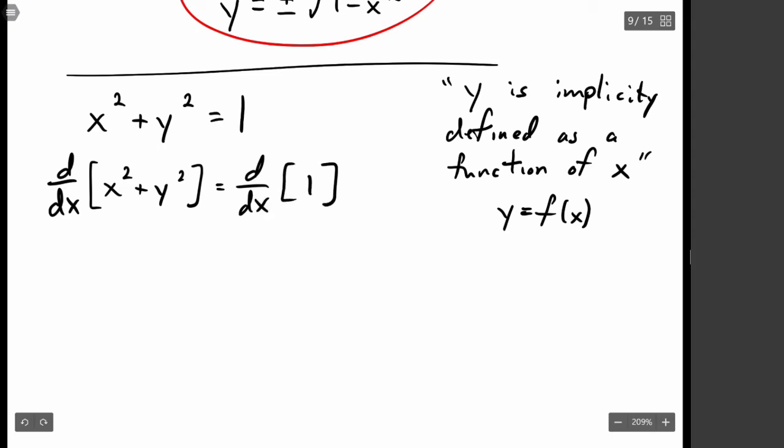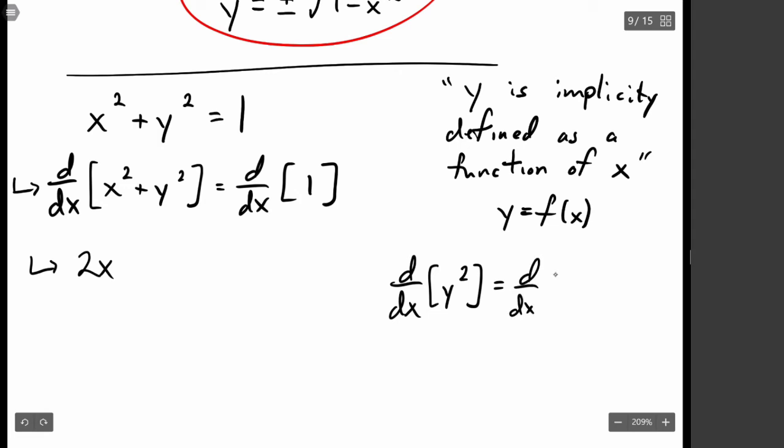All right, so let's talk about what that derivative would be. Here we differentiate x squared and we get 2x. What about the y squared? Well, again, that y squared is like f of x, so when we're computing the derivative of y squared, think of this as the derivative of f of x quantity squared.